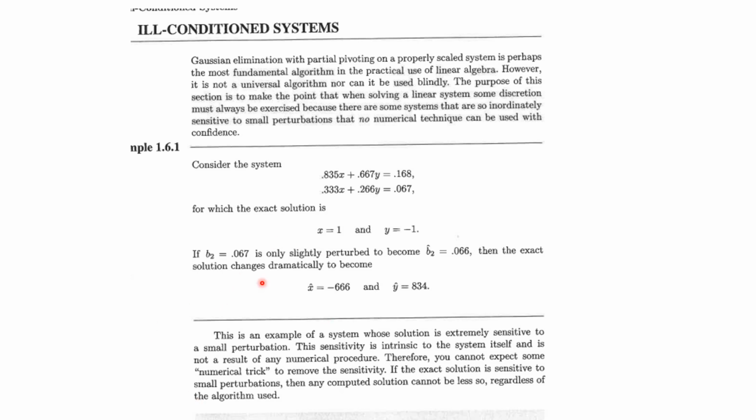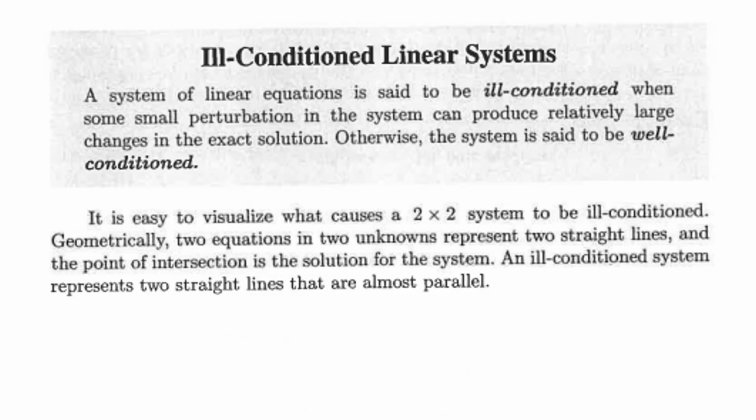So you're going to have something that's called an ill-conditioned system. In fact, here's the definition. A linear system is said to be ill-conditioned when some small perturbation of the system can produce relatively large changes in the exact solution.